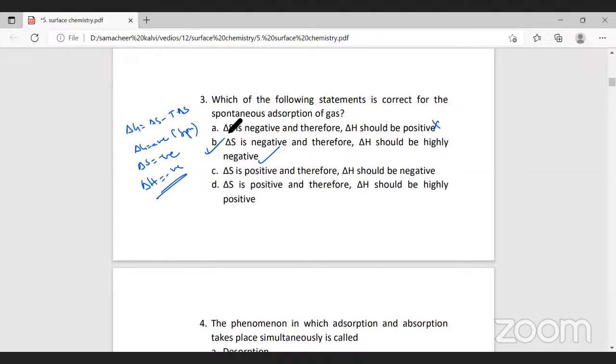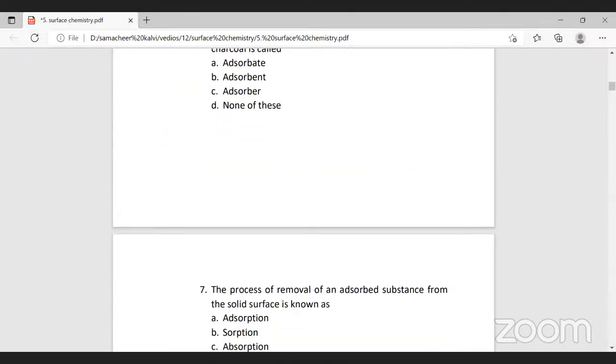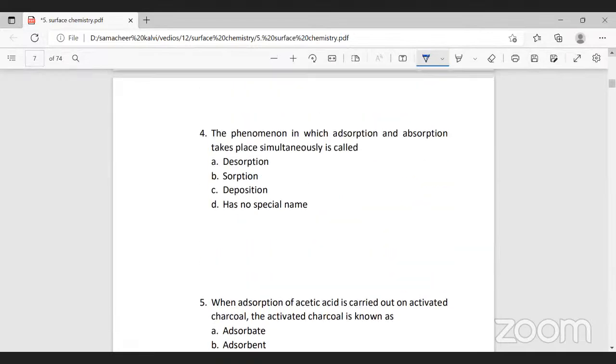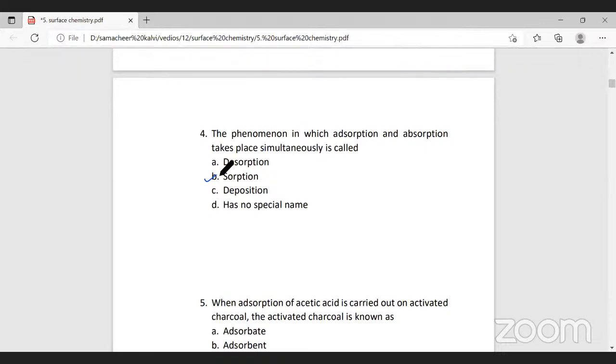The next question. The phenomenon in which adsorption and absorption take place simultaneously is called, it's a direct question, it's called sorption, S-O-R-P-T-I-O-N, sorption. The next question.